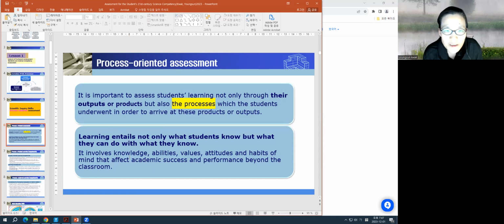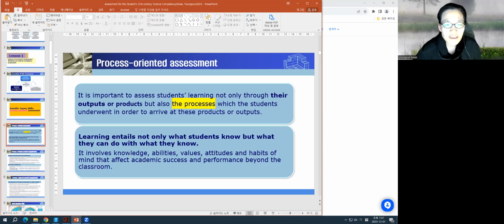Today, with the competency-based curriculum, we emphasize to assess student learning, not only their outputs or product, but also the processes which the students underwent in order to arrive at this product or learning achievement.